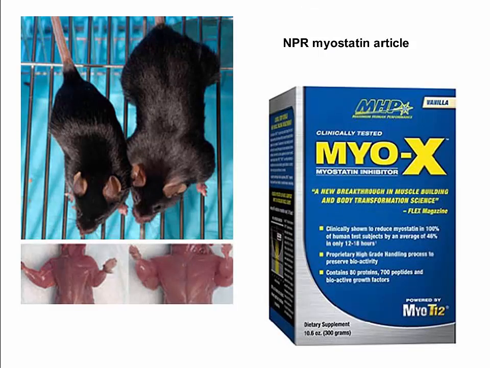The discovery of myostatin, as you would imagine, has generated a great deal of interest in developing a method to control it. As we look at the screen, on the left we have a control mouse, and on the right we have a myostatin inhibited mouse. There's a great deal of interest in developing myostatin inhibitors to help people who have muscle deterioration diseases, some of which we'll talk about momentarily.